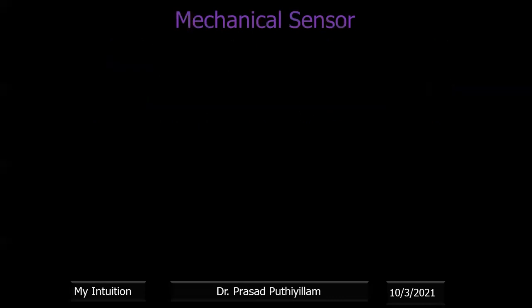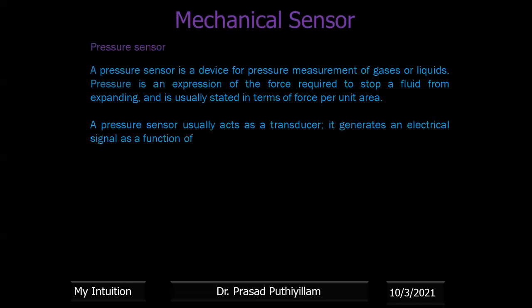I'm going into a little detail about the pressure sensor. It is a device to measure the pressure of gases or liquid. Pressure is expressed as force per unit area, and a pressure sensor usually acts as a transducer. It generates an electrical signal as a function of the pressure imposed.